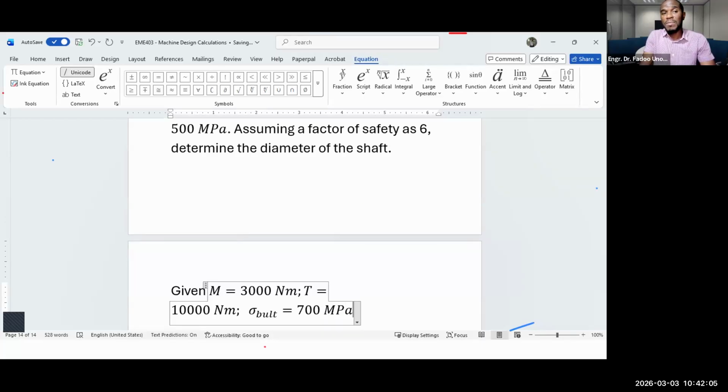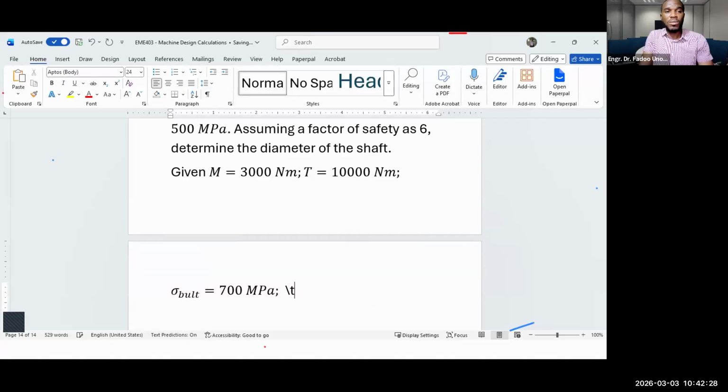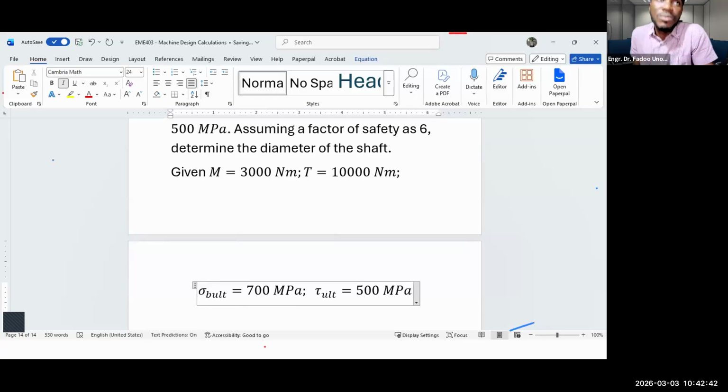That's Newton per millimeter squared. And then the tau ultimate is 500 megapascals. Great. So this is what we've been given.